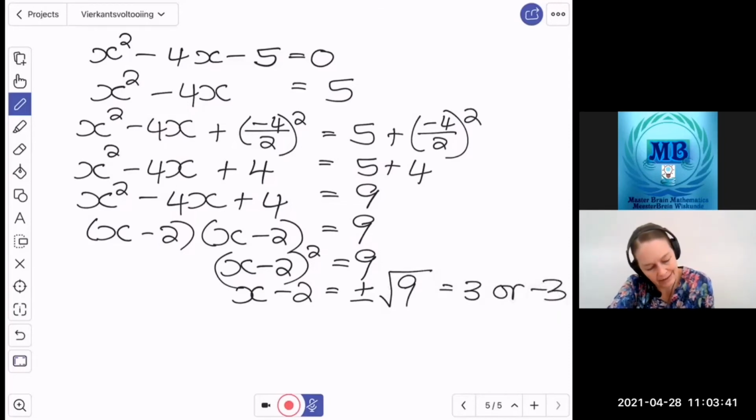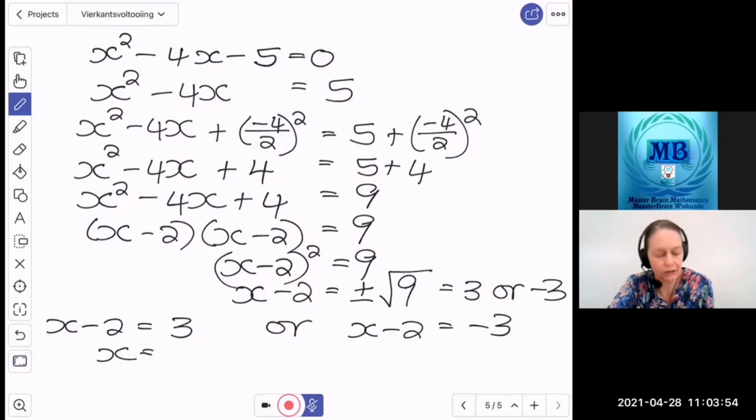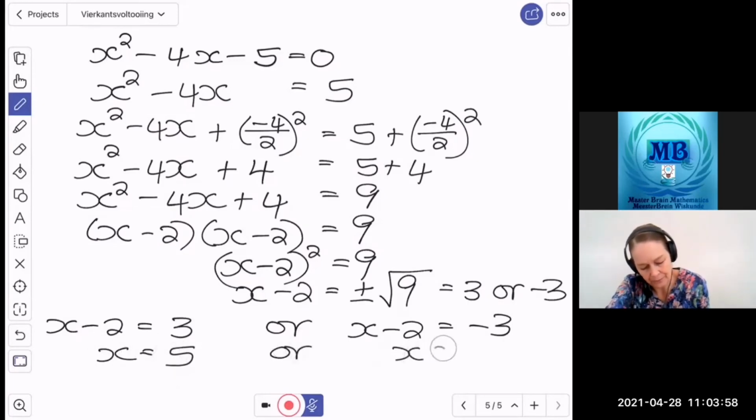That means that x minus 2 is equal to 3, or x minus 2 is equal to -3. We solve for x and we find that x is equal to 3 plus 2, which is 5, or x is equal to -3 plus 2, which is -1. And there we have solved for x by applying completion of the square.